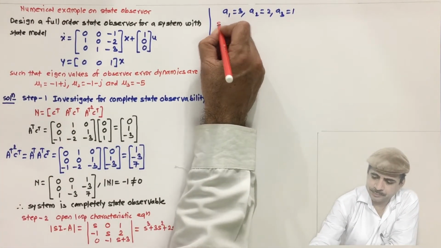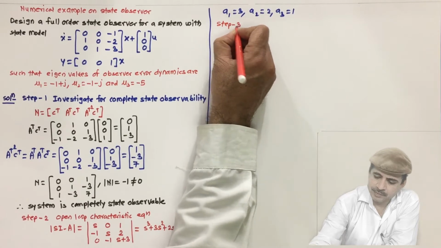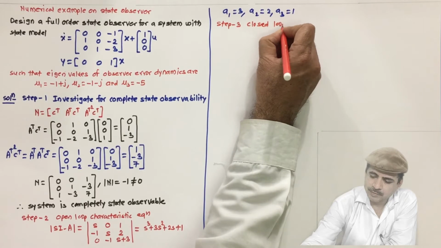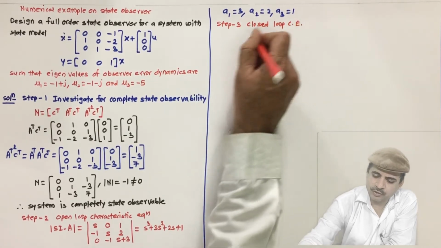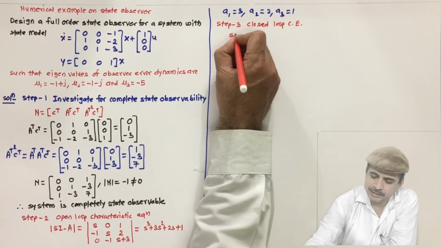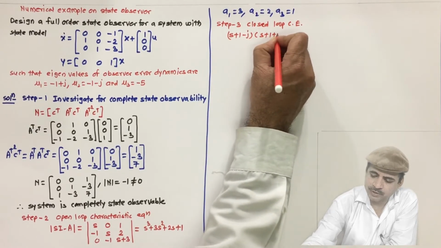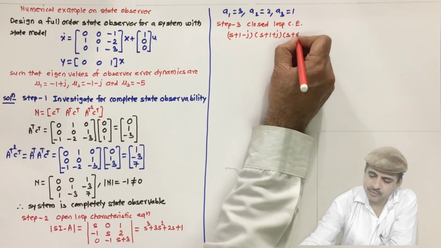Then step 3, the closed loop characteristic equation for the given eigenvalues, that is (s plus 1 minus j) into (s plus 1 plus j) into (s plus 5).